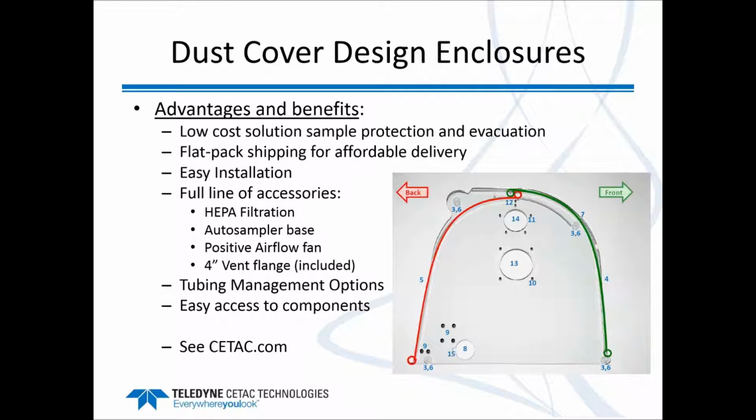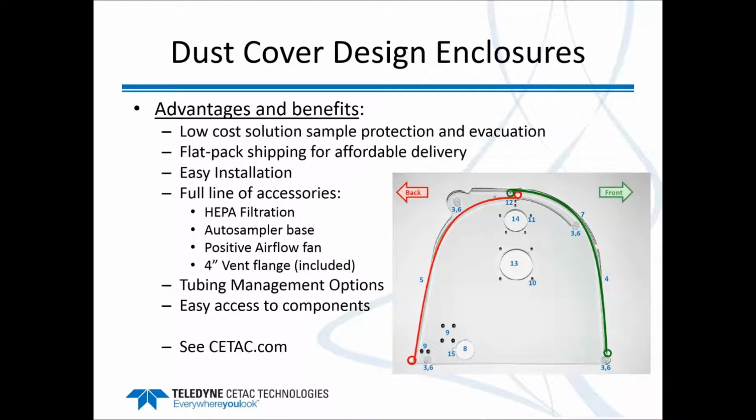Other advantages include the installation. It's very easy. This is a screenshot from our installation guide showing how it goes together. The two slides on the top fit together, the green and the red lock together at the top, and then both of those slide up and down, giving easy access to the components of the autosampler.